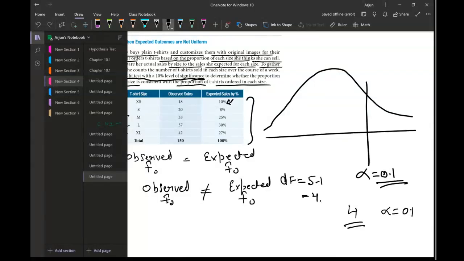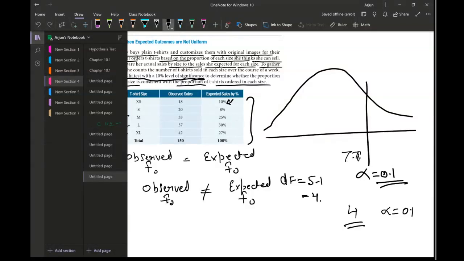So if I look into the formula booklet, the value for 4 degrees of freedom and 0.1 of alpha comes out to be 7.78, if I'm not mistaken.